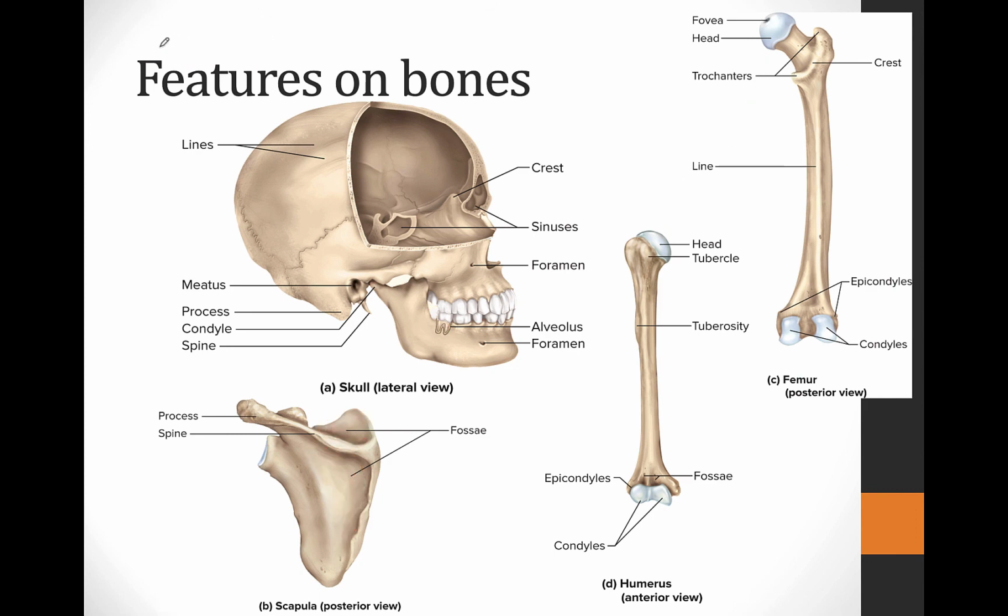And the last kind of features that we have on bones are things like passages through the bones or canals. So a canal is a tubular passage or something like a tunnel. A fissure is a slit through a bone. We don't have any on this picture, but we can find several fissures in the facial bones. A foramen is an opening.